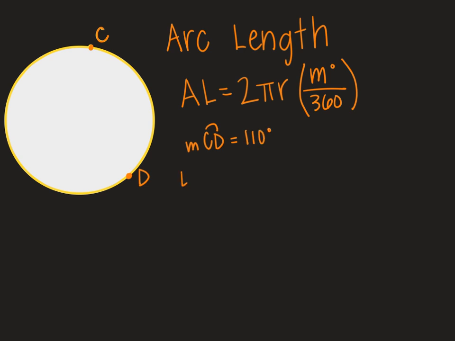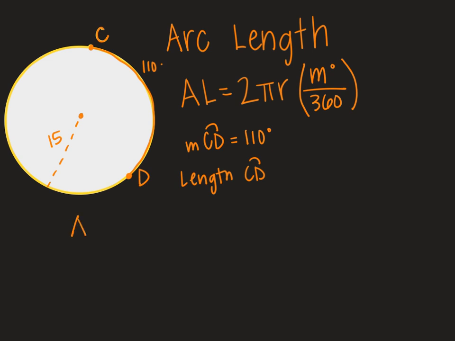We want to know what is the length of arc CD. So when we do the arc measure, remember it's always a smaller arc, and we know that that is 110 degrees. I also need to have a radius. So say that my radius was 15. So now I have everything I need to find the arc length of CD.